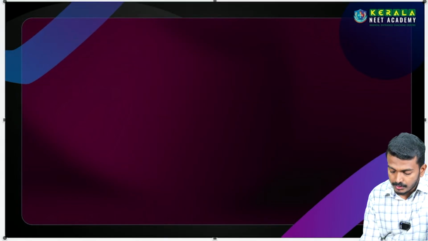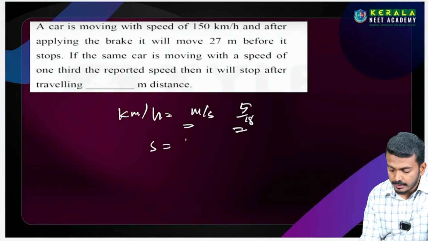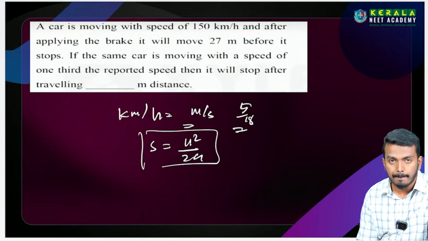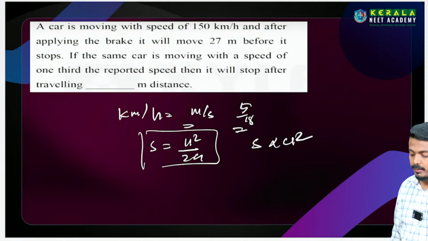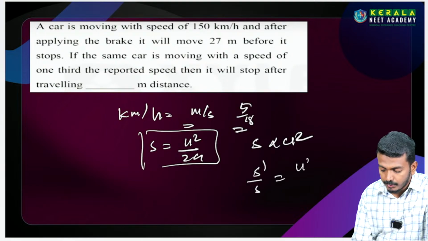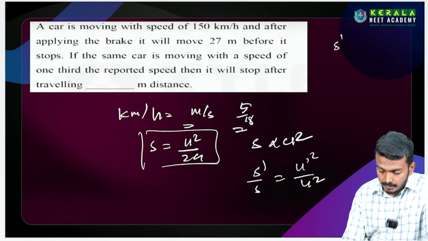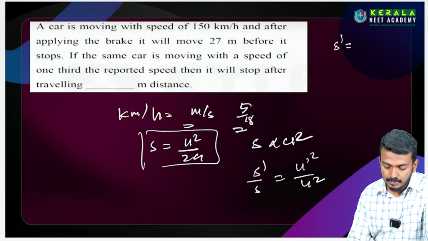What is the equation for stopping distance? Stopping distance S is equal to, as we already discussed, U square divided by 2A. Means stopping distance is directly proportional to U square. So S dash divided by S is equal to U dash square divided by U square. What is the value of U dash?